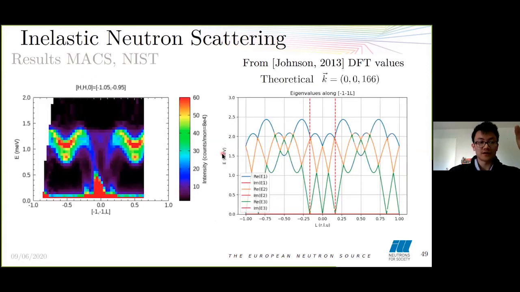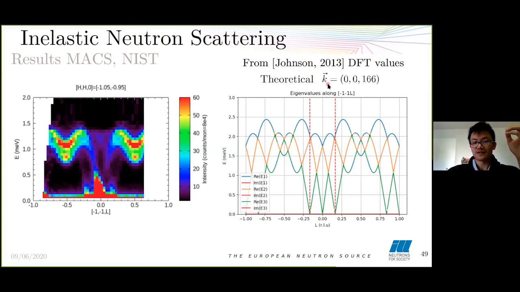Again, the experiment was done before the start of my PhD. It was measured at MACS at NIST. Here you can see an energy slice which was measured. And so far I have calculated the relation of dispersions using the DFT values of the exchange interactions from Johnson.